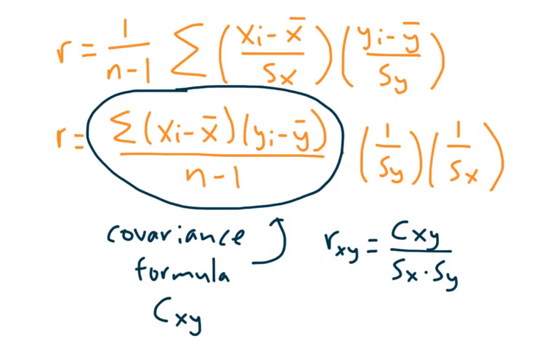As you can see, that's actually the same thing as the big one at the top. It's the whole covariance divided by the two standard deviations. And you'll get a feel as to why you have to divide it by Sx and Sy as I start talking about it.